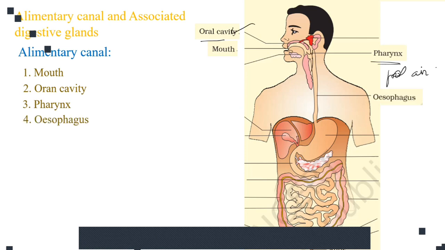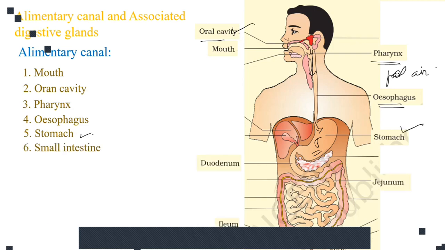This pharynx opens into one more long tubular structure called the esophagus, and this esophagus opens into a J-shaped muscular structure called the stomach, and the small intestine. This stomach opens into one more long tubular structure called the small intestine.